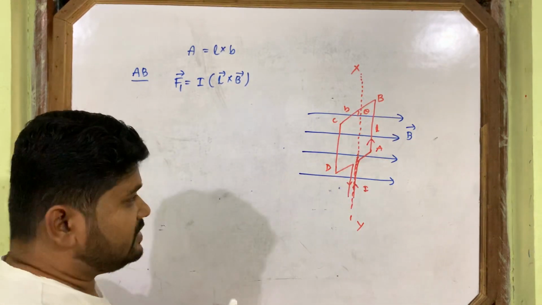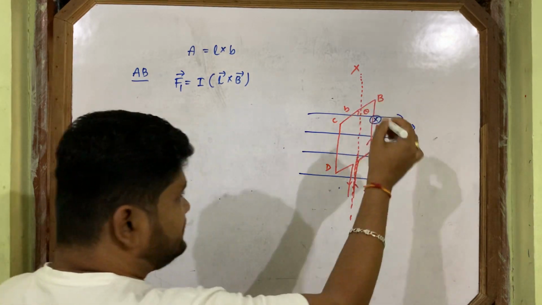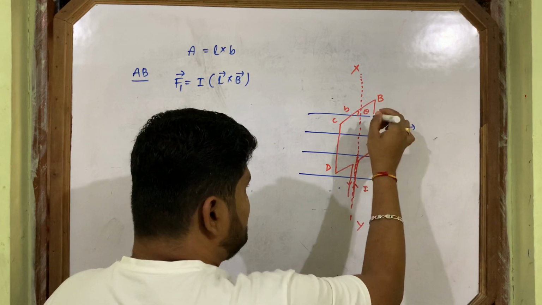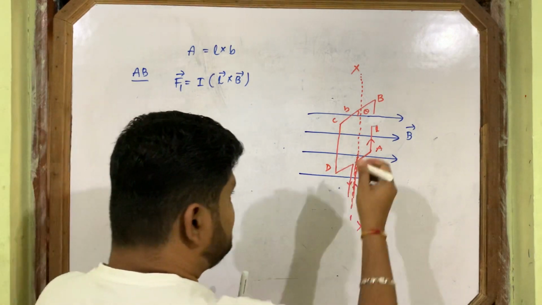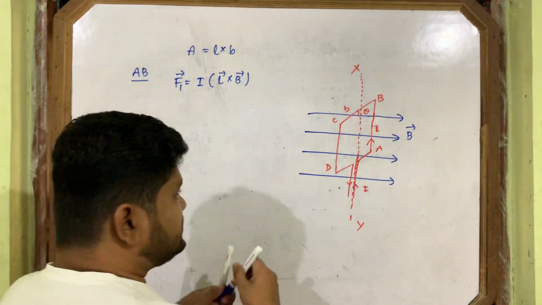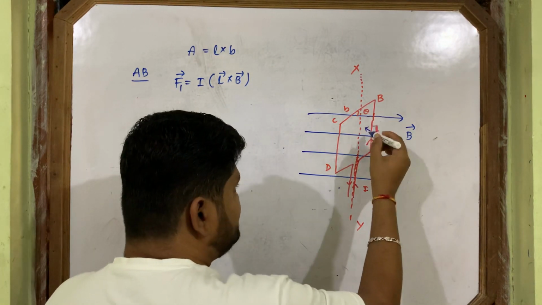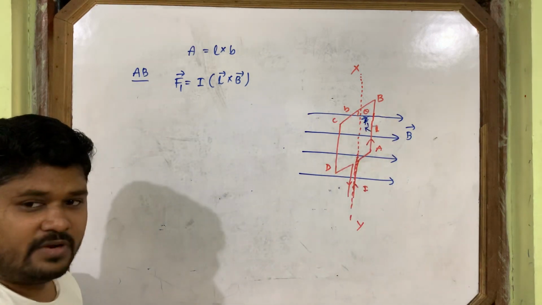Force acts here inward. I am showing it by a cross sign, or you can show the direction of force. It will be inward. This is F1 vector.